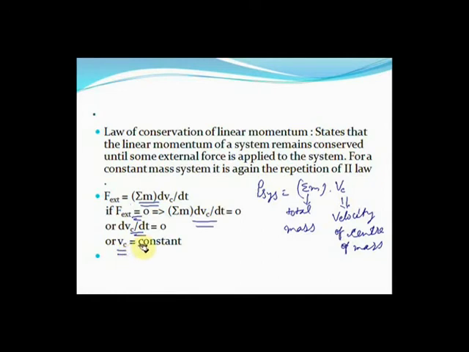So if we are dealing with constant mass system, we have total mass of system sigma m, which is constant, and we just saw that if there is no external force, Vc is also constant. So now we can say that in the absence of any external force, the linear momentum of a system, P system, is constant.